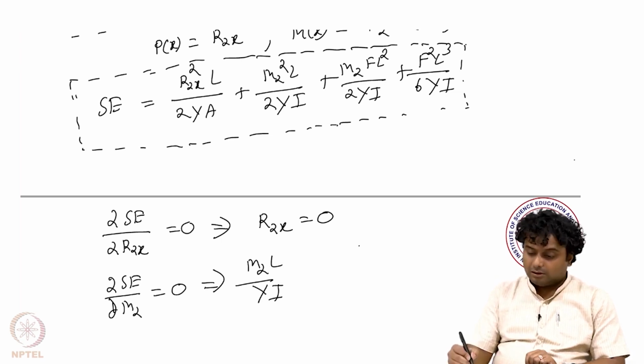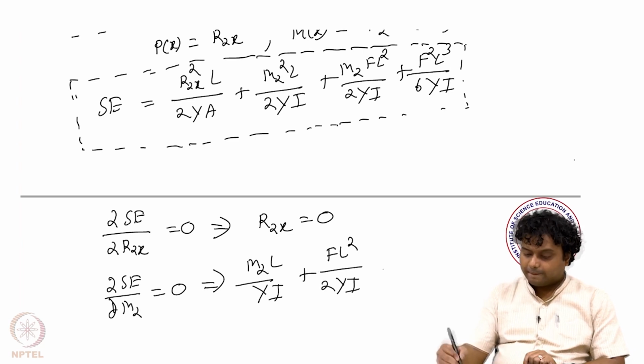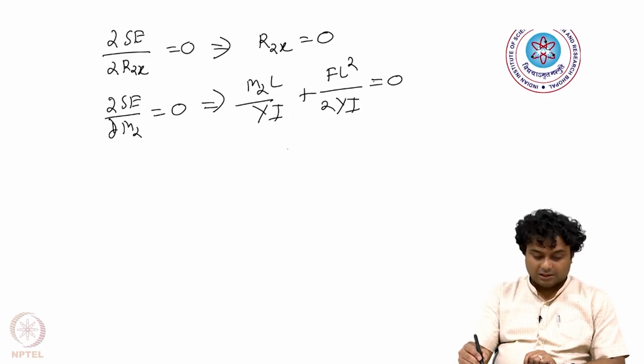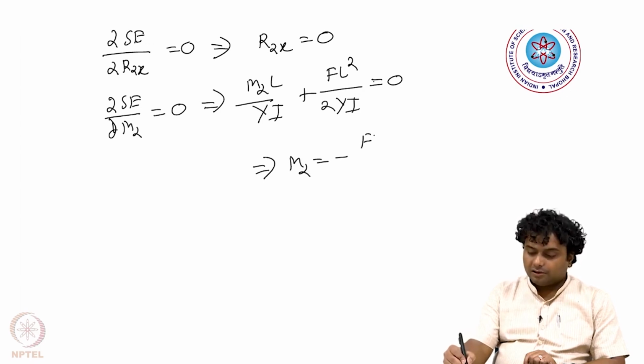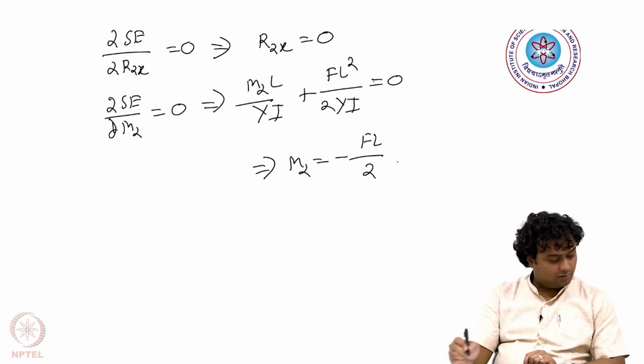And then plus F L square divided by 2EI. The F square L cube by 6EI term will also become 0 with respect to M2. So from this expression we get that M2 equals minus FL by 2.